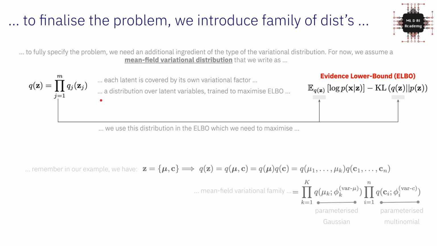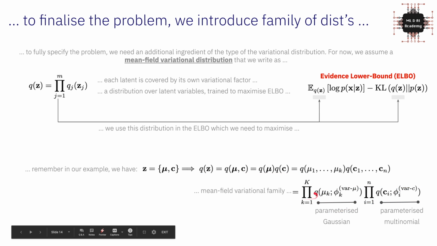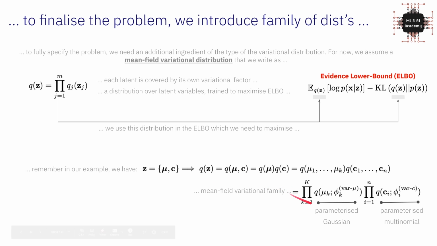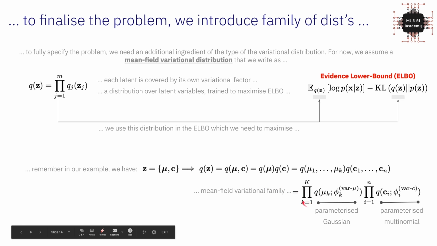Then we went back and gave our running example, the Bayesian mixture of Gaussians. We said, okay, z is a vector of mu and c. Now we're going to make the mean field assumption here, where we're able to write that q as the product over the k dimensions of each of the mu's and the i dimensions of each of the c's.